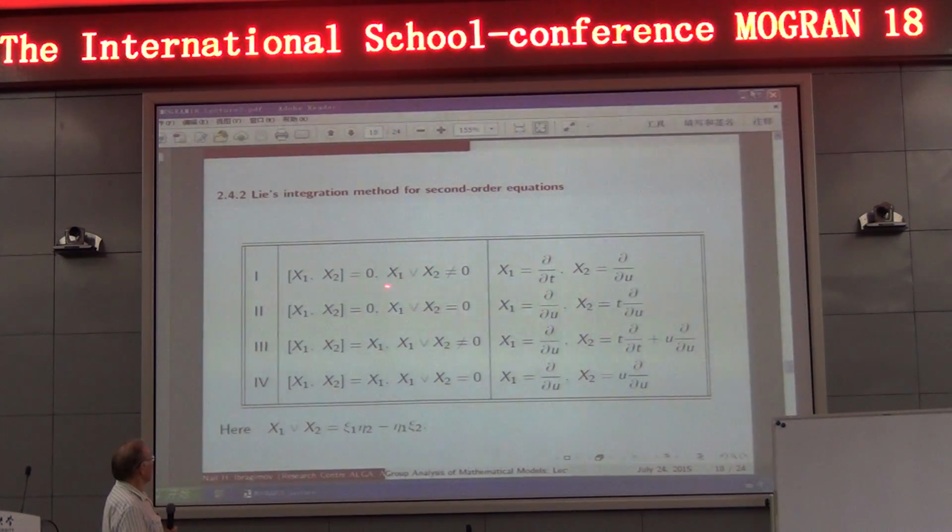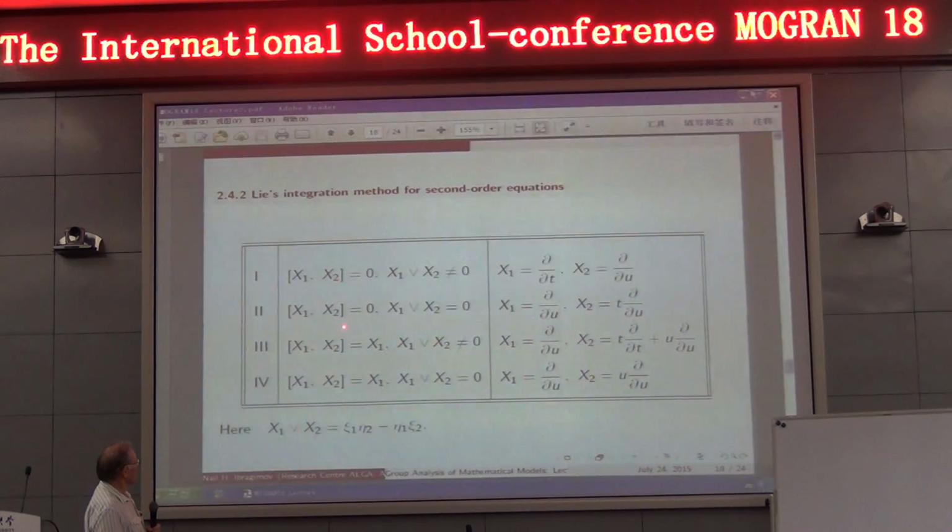Then the second case: if you calculate this expression, the commutator of x1, x2, it is not 0.